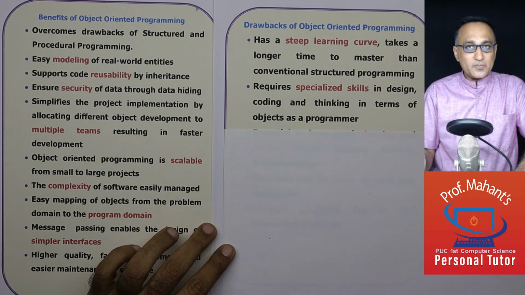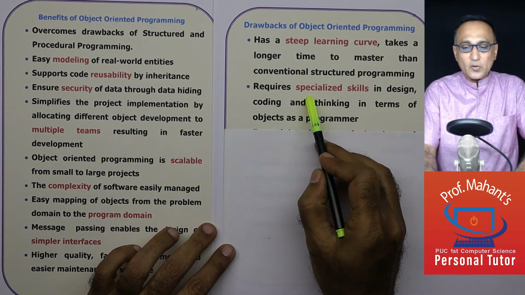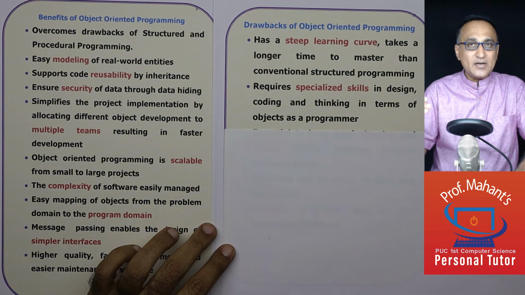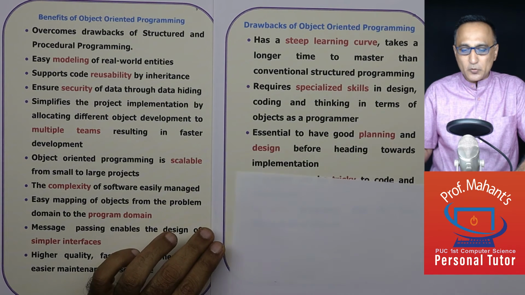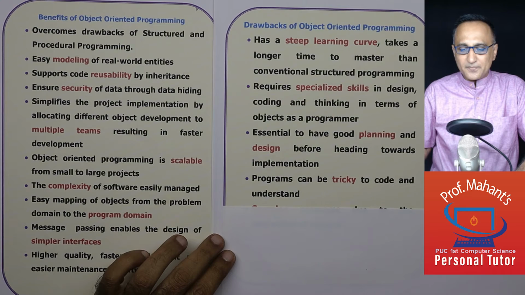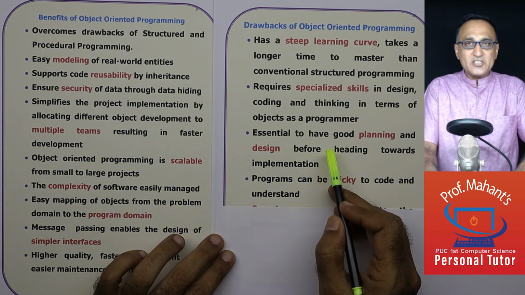Now, object-oriented programming requires a lot of real-world experience. You will require special skills to design, code, maintain and deploy an object-oriented application, and to think in terms of object-oriented programming. Here, you cannot directly jump in and code.